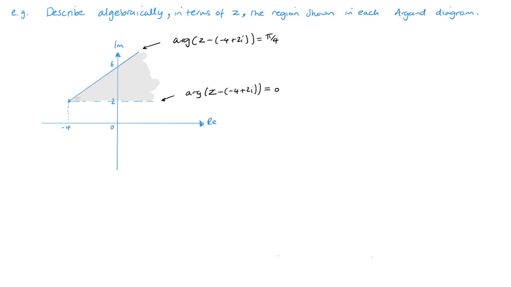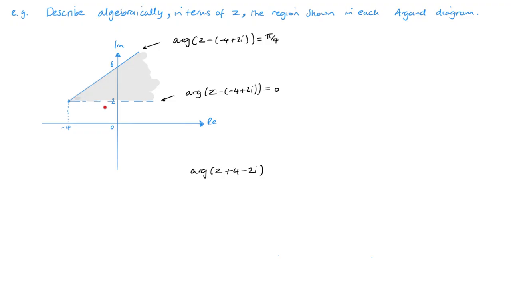So when I describe this, I've got arg z, now minus of minus 4 is going to be plus 4, and then minus 2i. So I want z plus 4 minus 2i. Now, where it equals 0, this line is a dashed line.